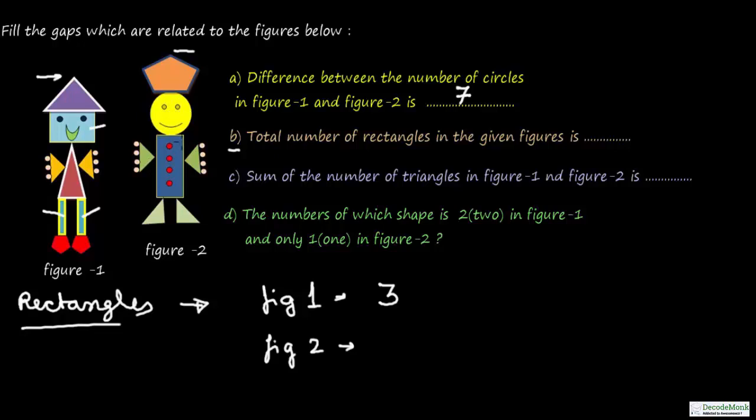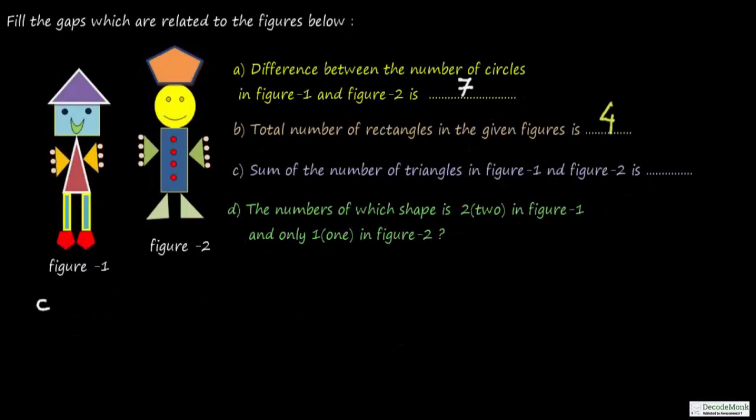The shirt or the body of the cartoon is rectangular, so this is the first rectangle. Coming down further, there are no more rectangular shapes. In figure 2 there is only one rectangular shape. Total number of rectangles is 1 plus 3, which is 4. So the answer here will be 4.